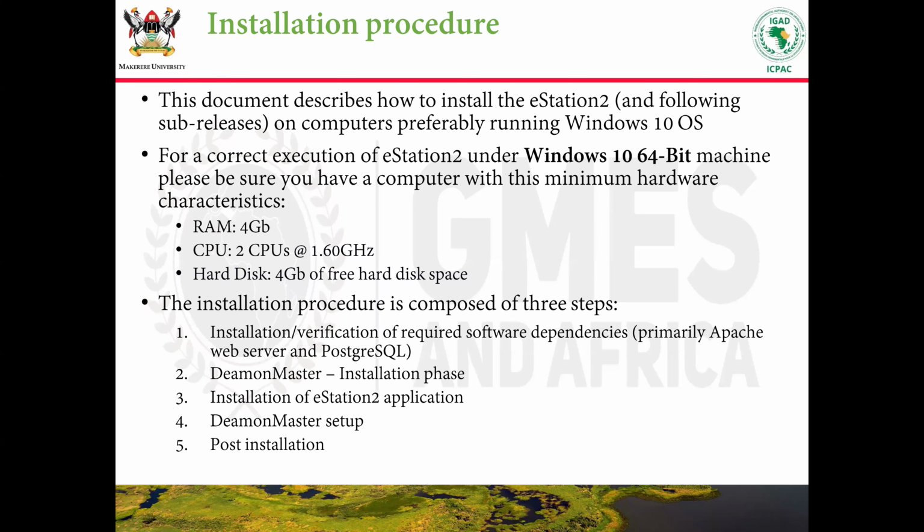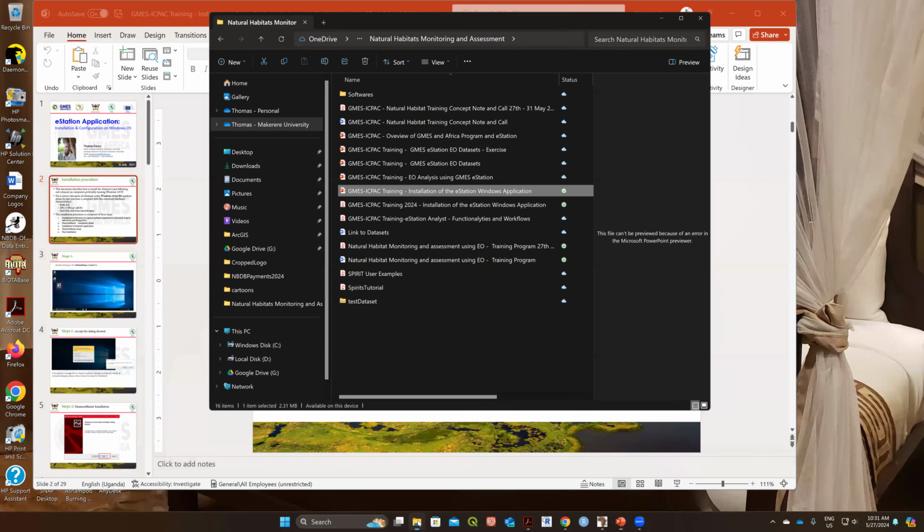And this Windows operating system should be what we call a 64-bit computer. Now, how do you check the operating system type, but also which bit it has? It can either be 32-bit or 64-bit. So how do you check for that? I'm going to do that quickly.